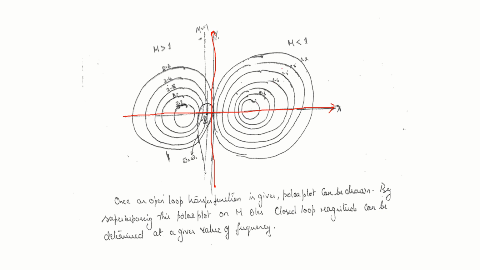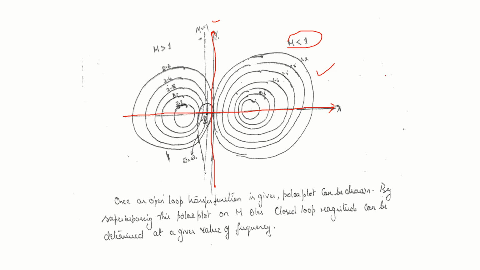Let me go on giving positive values for m. I'll get a set of circles. M less than 1 but greater than 0, right? Here m greater than 1, I'll get another set of circles. So m equal to 1 here is a line.